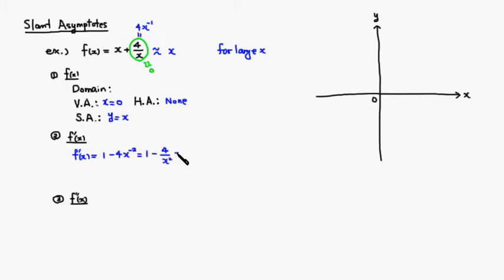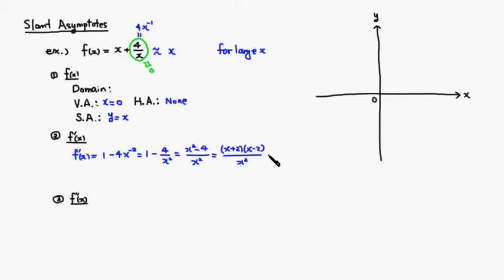If you want, we can take the common denominator and write it as x squared minus 4 over x squared. Then we can factor the top, which is x plus 2 times x minus 2 over x squared.